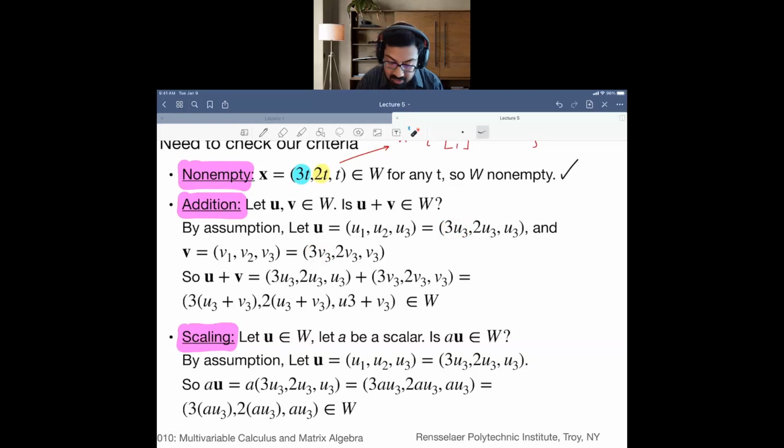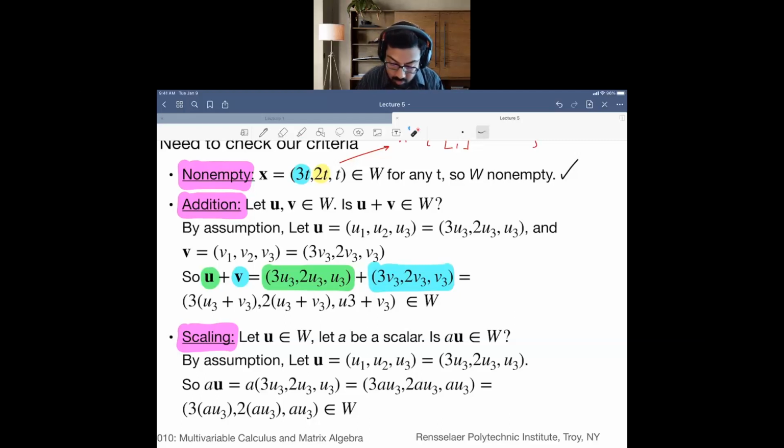So what we are adding is, let me take something else, say green. For U, I have all of this, and for V, I have all of this. I'm adding them up, and when I add them up, I can pull out the scalar 3 and 2 outside. So what do I get?